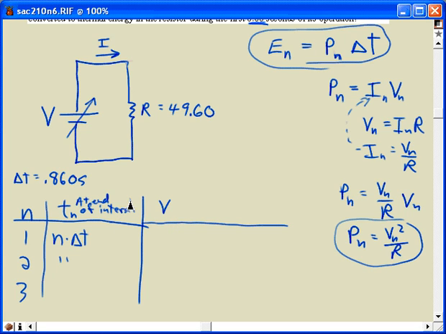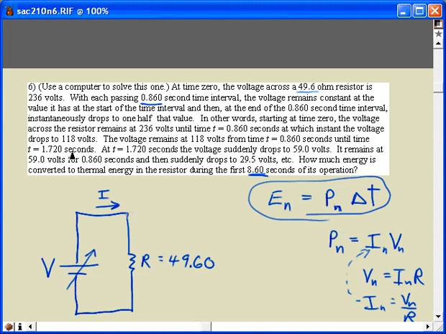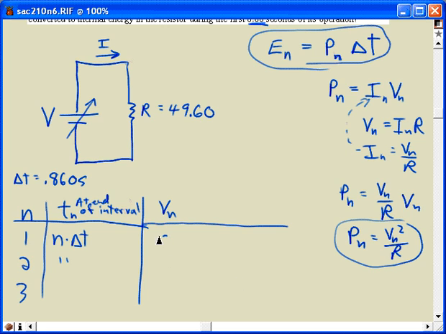Let's go ahead and correct the spelling on that. And then V sub n is the voltage during that interval. And it will be, oh no, 236 I think it was during the first time interval. 236 during the first time interval.